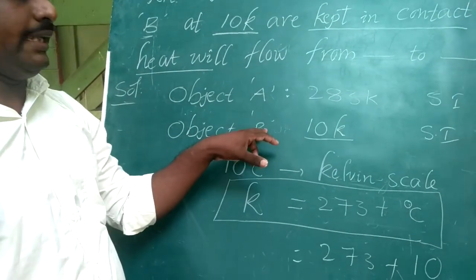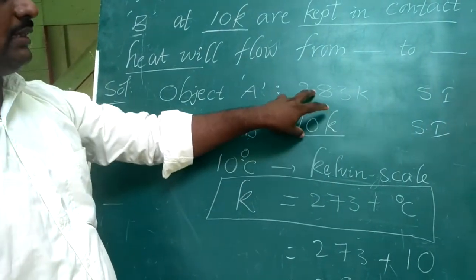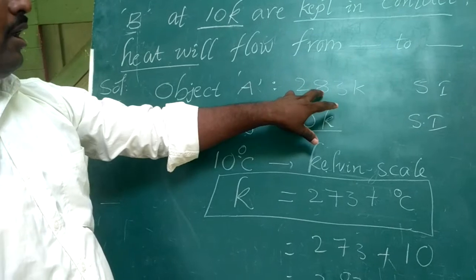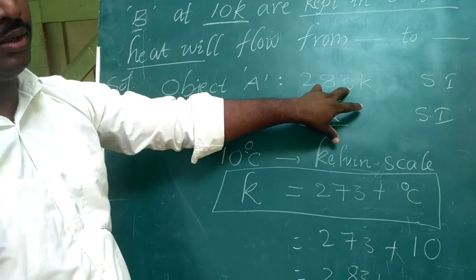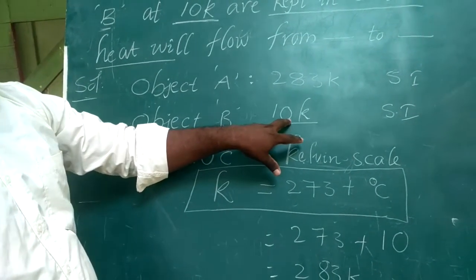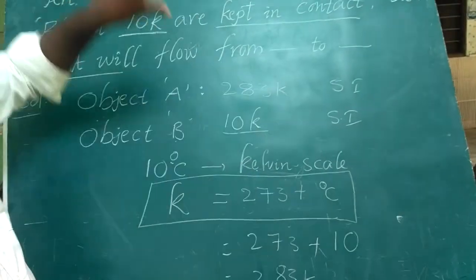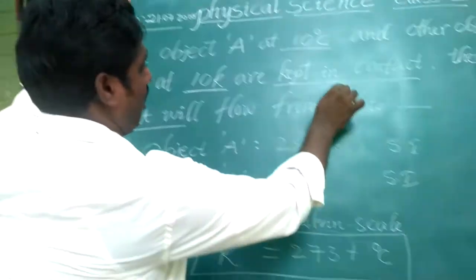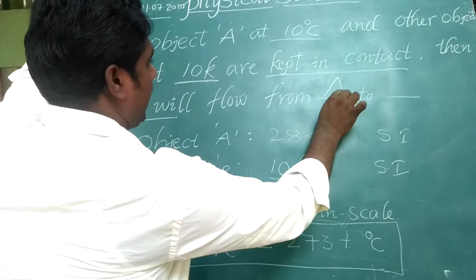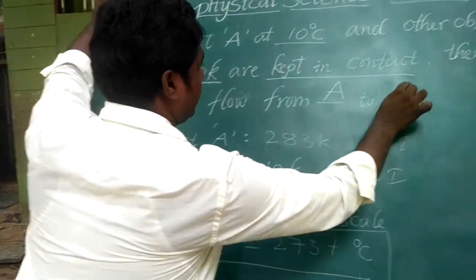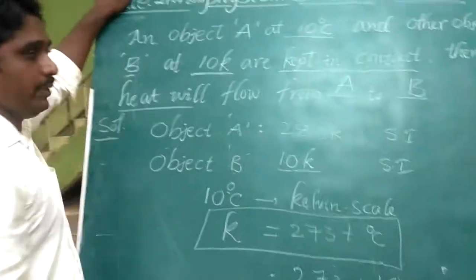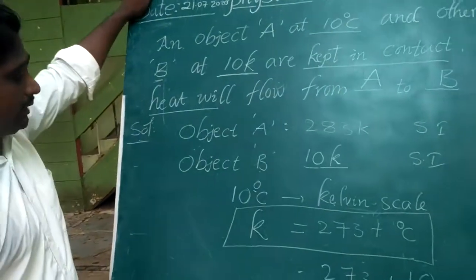The temperature of B is 10 Kelvin. Which is the hotter body? 283 Kelvin is the hotter body. 10 Kelvin is the colder body. That's why the heat flows from the hotter body A to the colder body B, A to B.